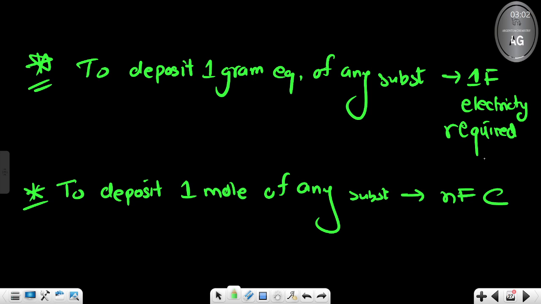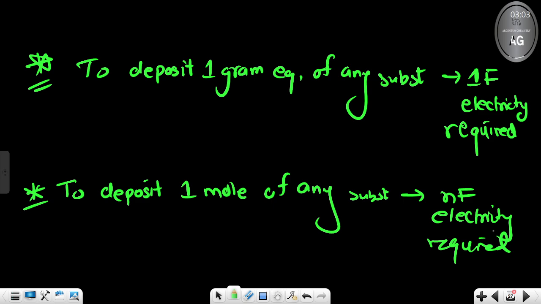If I write it, you will all think of it as coulomb concentration, that's why I am not writing it. Clear? So to deposit 1 mole, you need nF, and if it is 1 gram equivalent, then you require only 1 Faraday. Clear? Now tell me any doubt you have. The easy thing, right? Easy. It's a Faraday, and that is where the numerical is generally asked.